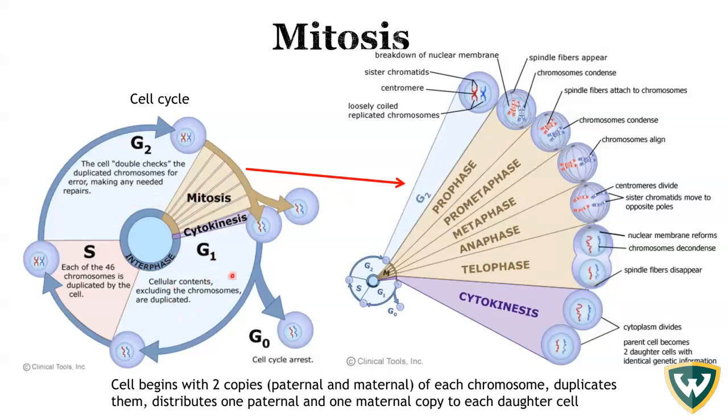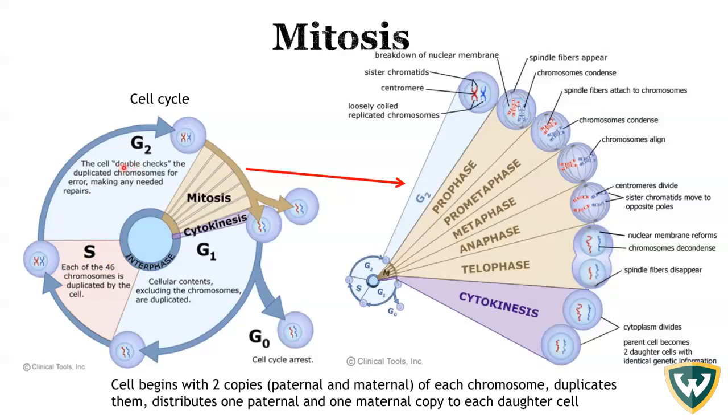So in G1, again, it's the replication of all those bits and pieces within the cell, except for the DNA. Then it goes on to the S phase, where it actually replicates the chromosomes, so it duplicates them.